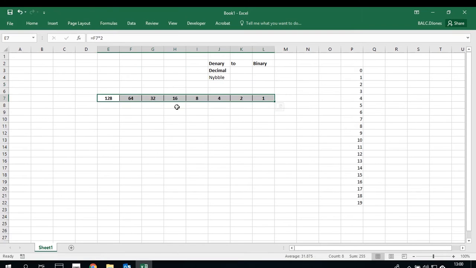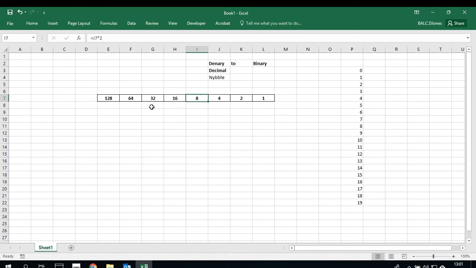If we add the whole row, the whole 8 bits, 128 plus 64 plus 32, and so on down to 1, that gives us a sum of 255. Those two things are quite handy to remember while we're doing our number conversions.